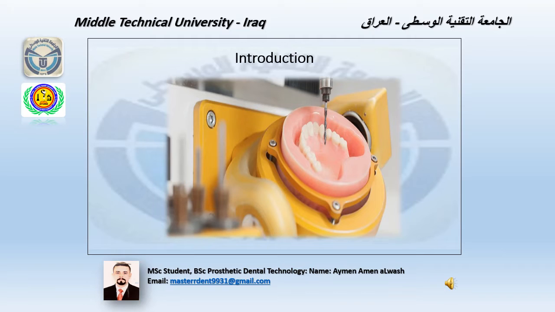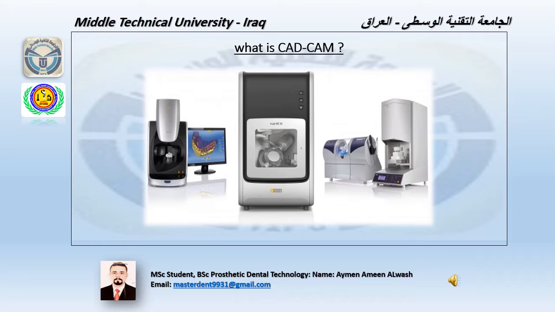But today, with CAD/CAM technology, only a few appointments are needed for patients to get their complete denture. And we must know the meaning of CAD/CAM technology. We can define it as the utilization of computer-aided design and computer-aided manufacture.